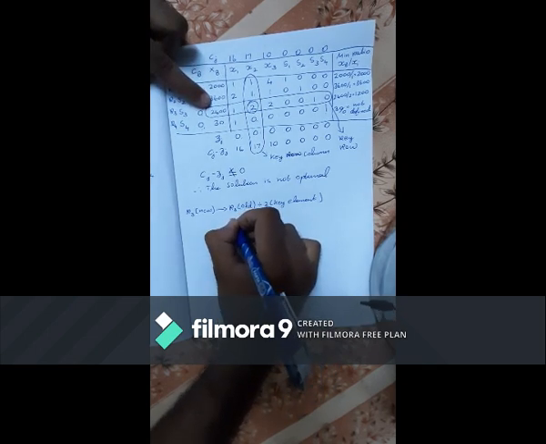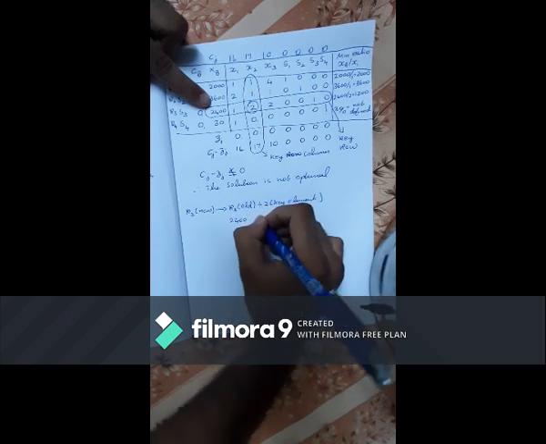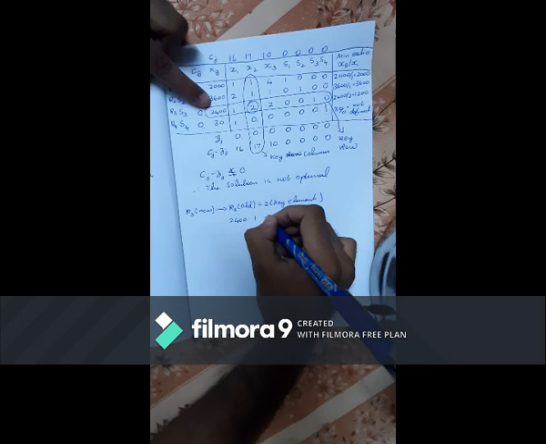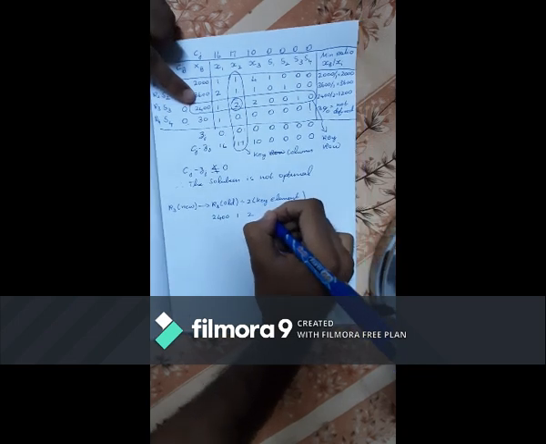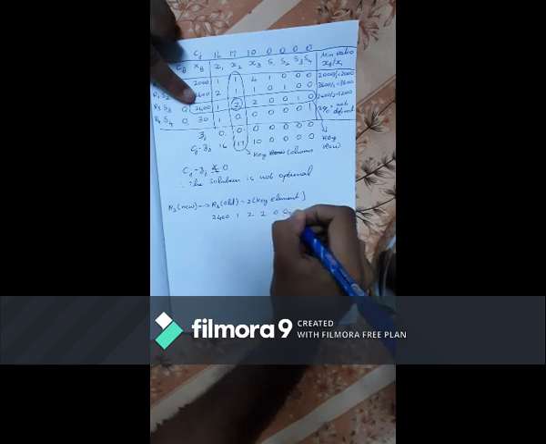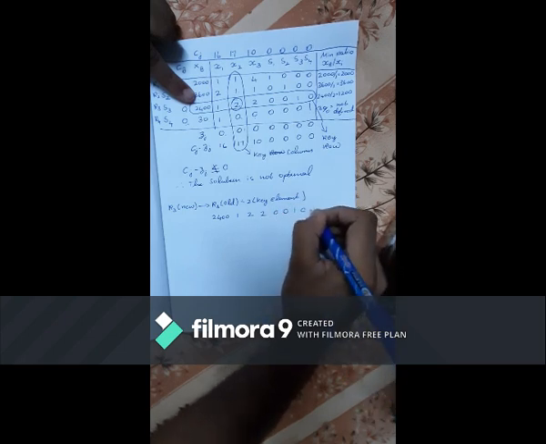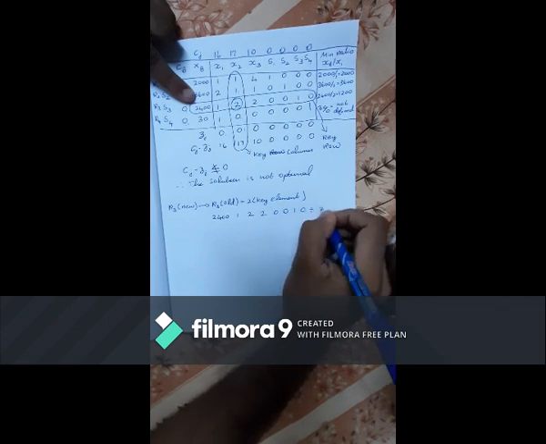R3 is 2400, 1, 2, 2, 0, 0, 1, 0 divided by 2.